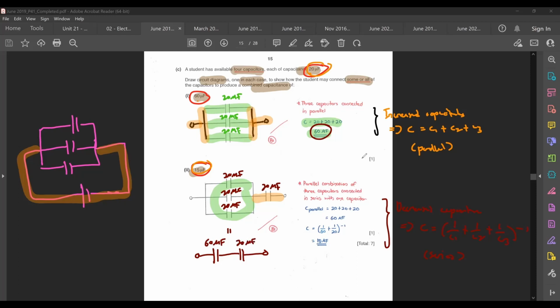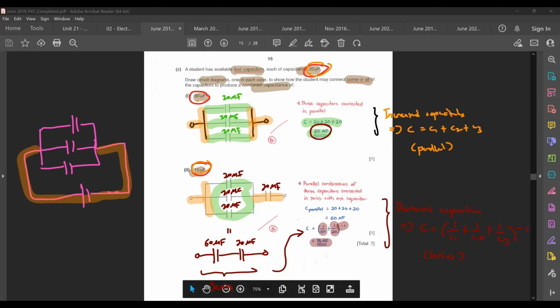So this one is connected in series, isn't it? You add them like you would resistors in parallel. That one will be this one here. Okay, 1 over 60 plus 1 over 20 to the power negative 1, giving you 15 microfarads. Okay. So again, same thing as before, just draw these terminals here and you are good to go. No need to draw the battery inside. Okay, so this one is for this.